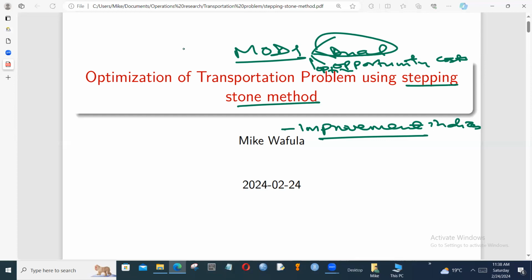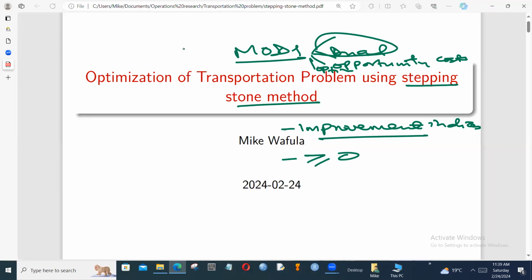Almost the same, I'd say the same approach. Remember, in MODI method, we were seeking to find a table where the opportunity cost values are all positive. And so even in stepping stone method, we are going to be seeking to get to a scenario where the table of improvement indices gives us all the indices being non-negative.